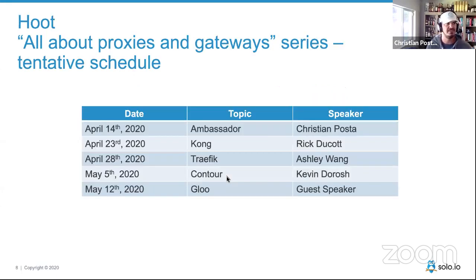So in this series, we're going to start off by looking at this handful of proxies and gateways. We'll look at some of them based on Envoy, some of them based on NGINX, some of them on Traefik. And today we'll start by looking at Ambassador, which is an open source API gateway.